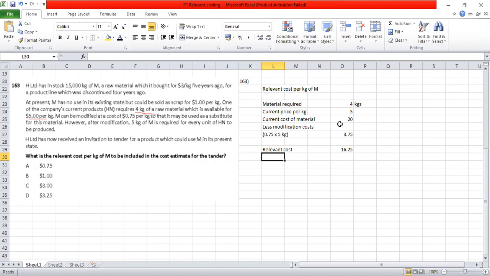Now that 16.25 is the cost of all 5 kgs of the present material which is used. However, after modification, 5 kgs of material M is required for every unit of HN to be produced. So the question is asking what is the relevant cost per kg of M to be included in the cost estimate for the tender.